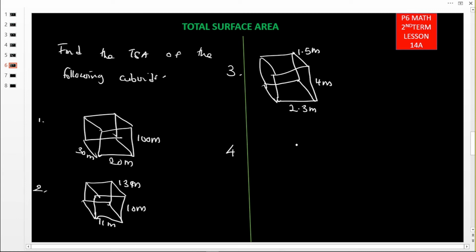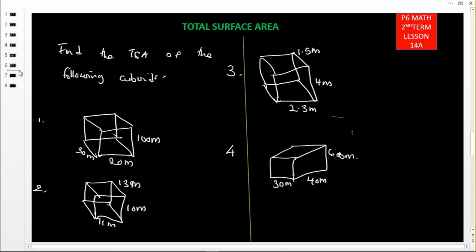Then number 4, let us take this cuboid like this here. Now let us take this one as 30 meters, this one 40 meters, and this is 60 meters.